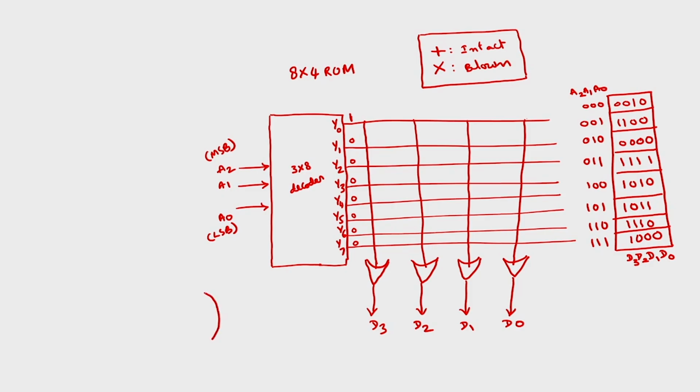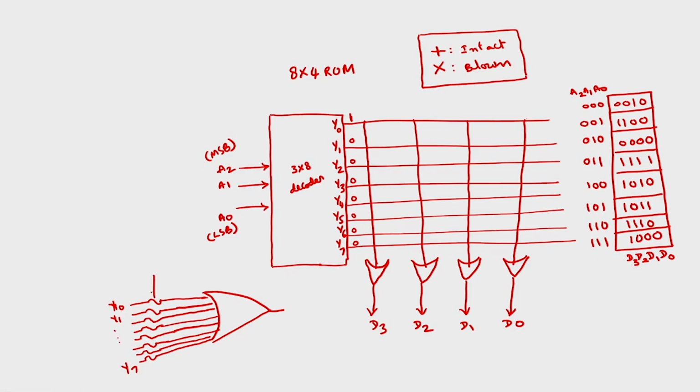This is Y0 connected through a fuse, Y1 connected to a fuse, Y2 through a fuse, Y3 through a fuse, Y4, Y5, Y6 and Y7. This is y0, y1, and so on up to y7.